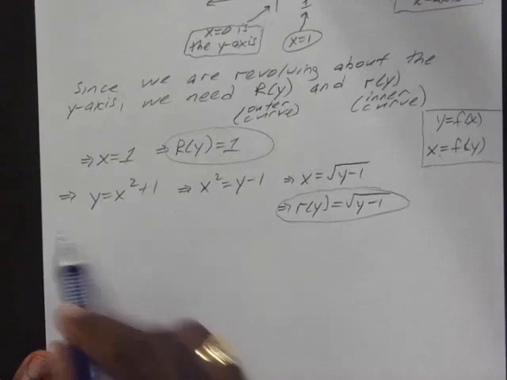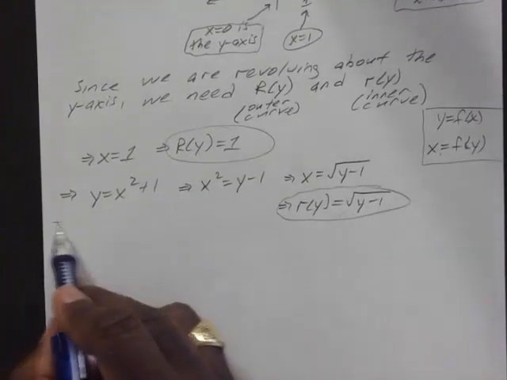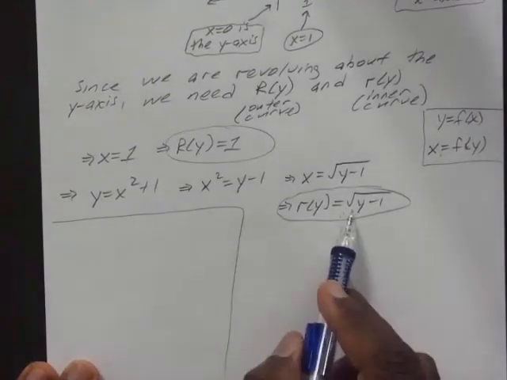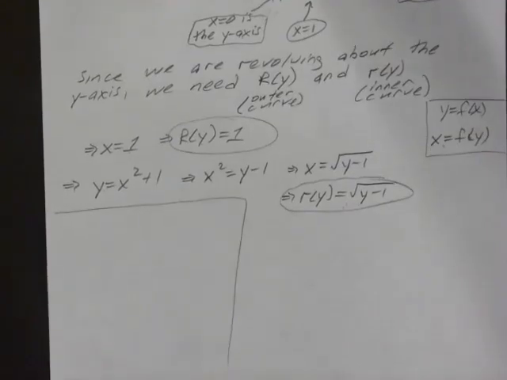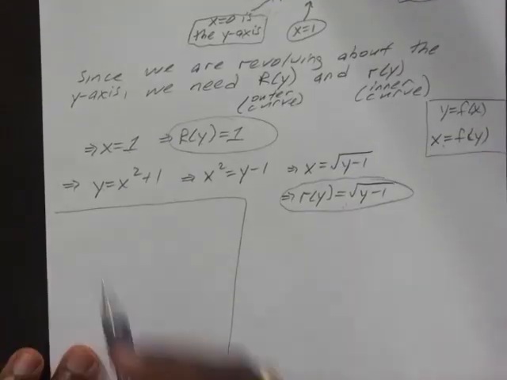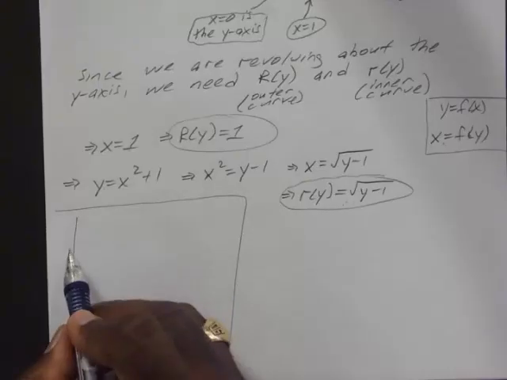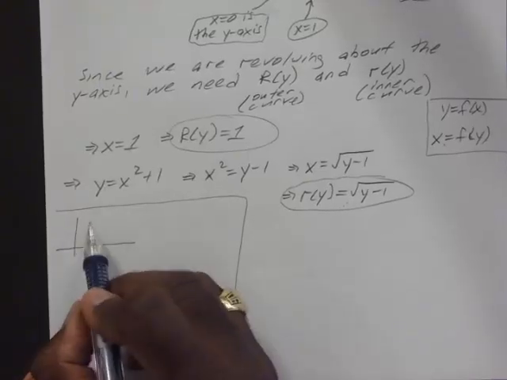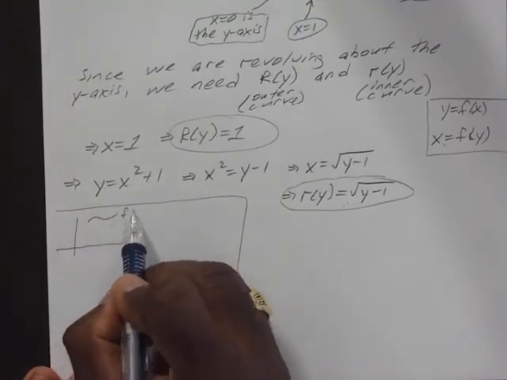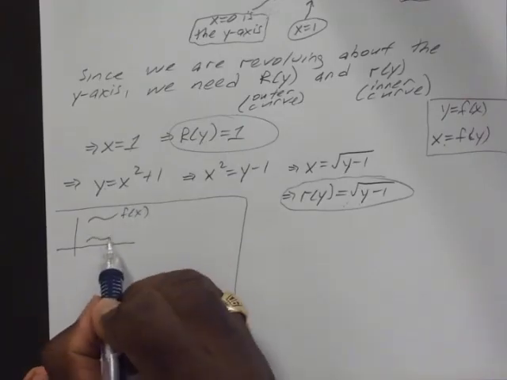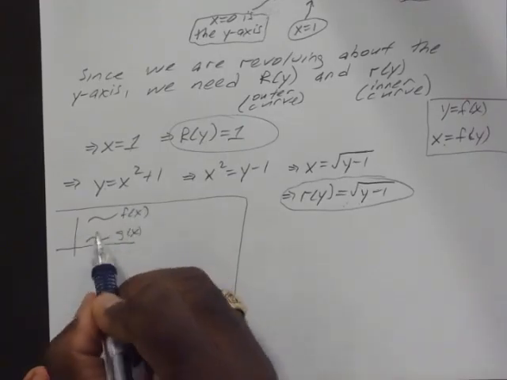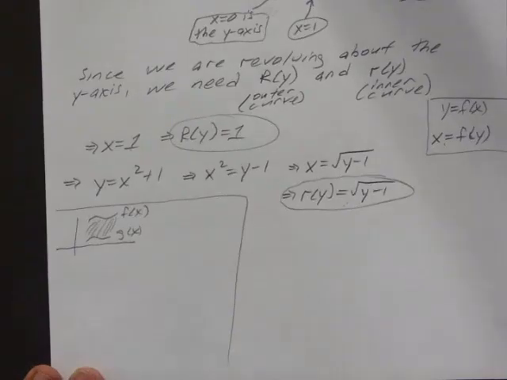Now, if you remember, a lot of times it's a little bit tricky, it seems like it's a little too convenient there. We have to remember that since we had our revolution about the x-axis, that was f of x minus g of x, where this is our region.